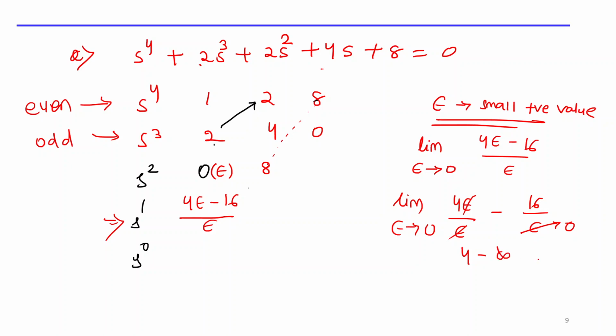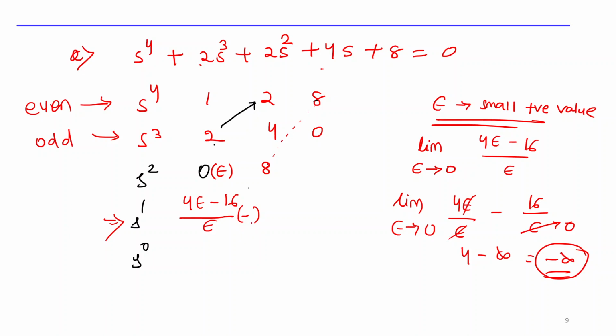So 4 minus infinity is minus infinity. From any positive number, if we subtract infinity, it will give a negative number. So this value is a negative number.